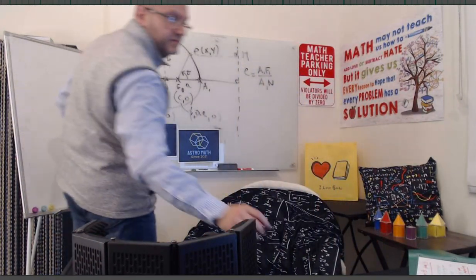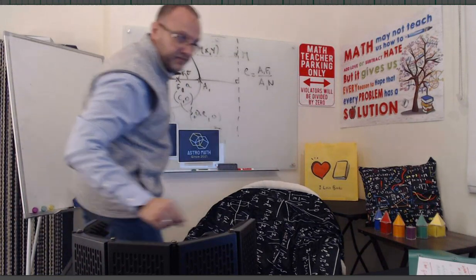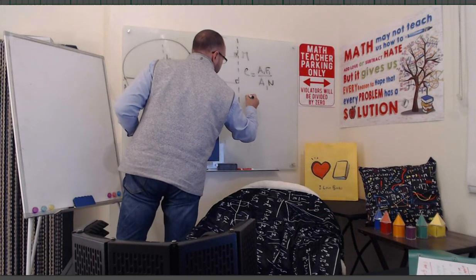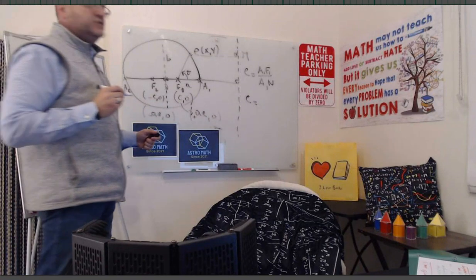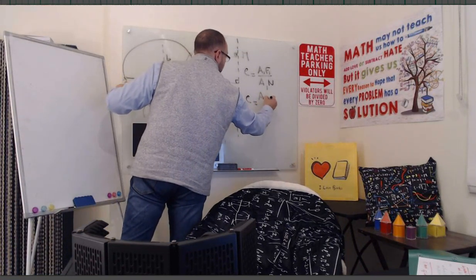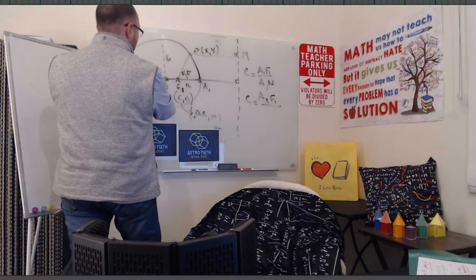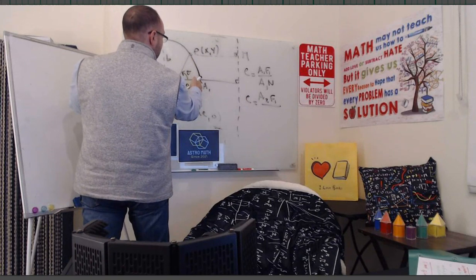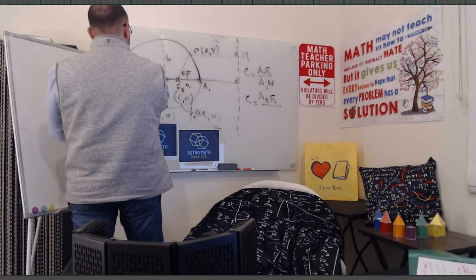So e equals A2F1 divided by A2N, the same way.